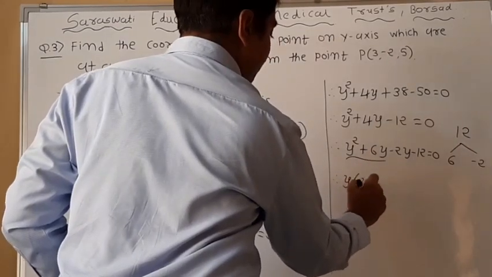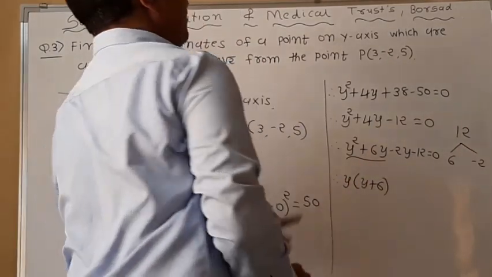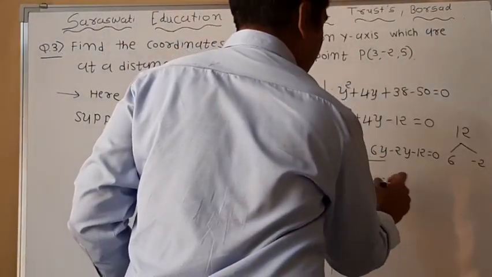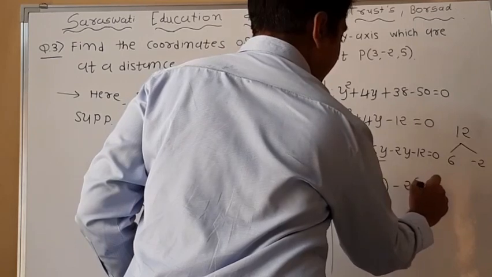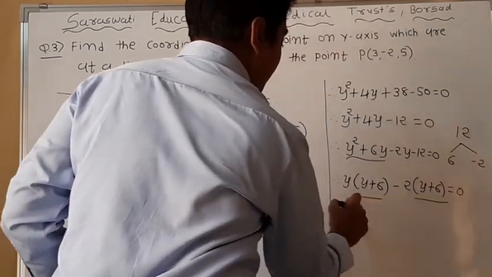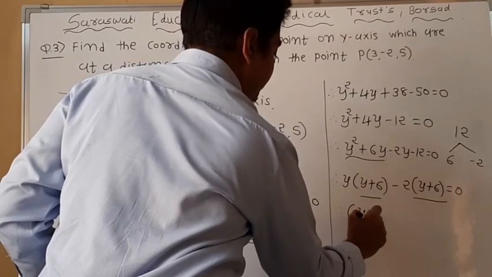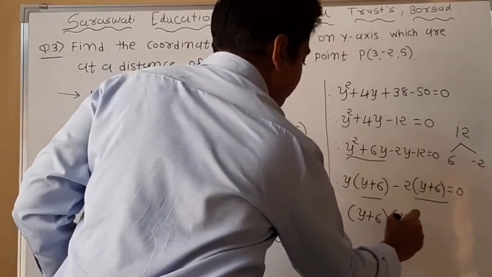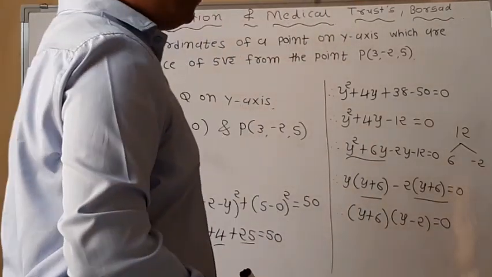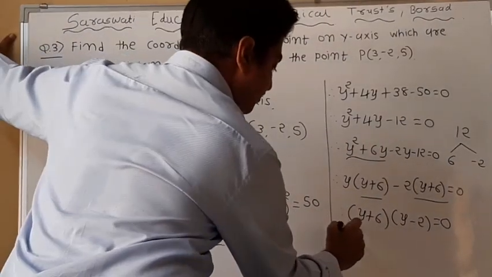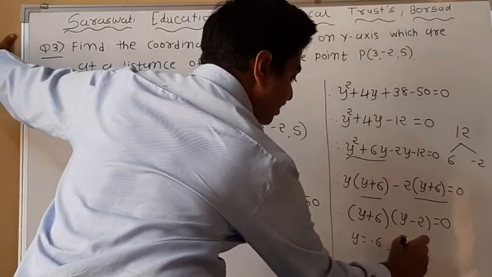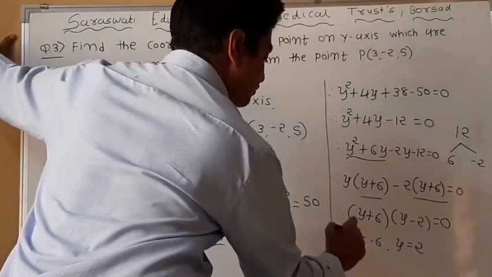We can take y common, the remaining term is y plus 6, and we can take minus 2 common, so y plus 6 is equal to 0. Therefore (y + 6)(y - 2) is equal to 0. So we get two values: y is equal to minus 6 and y is equal to 2.